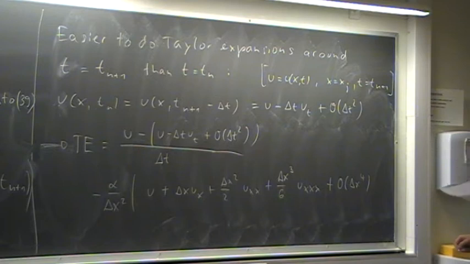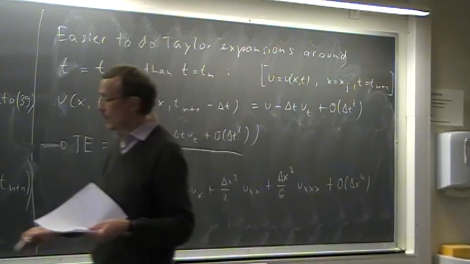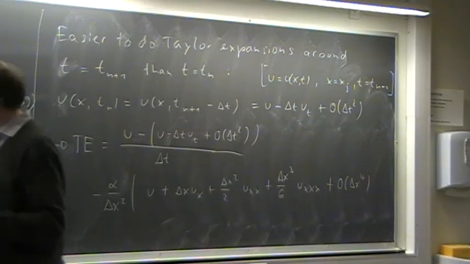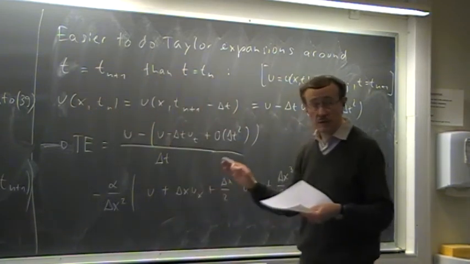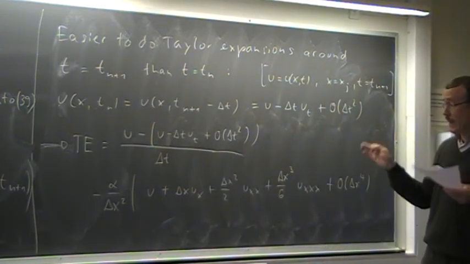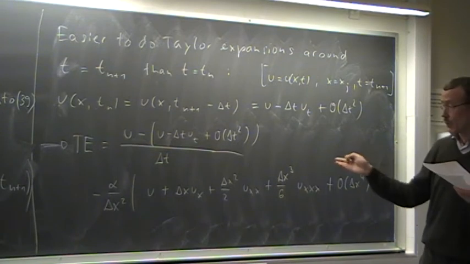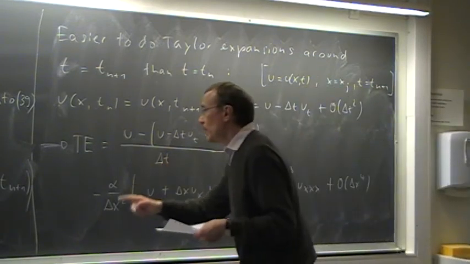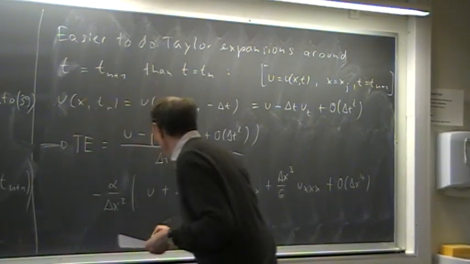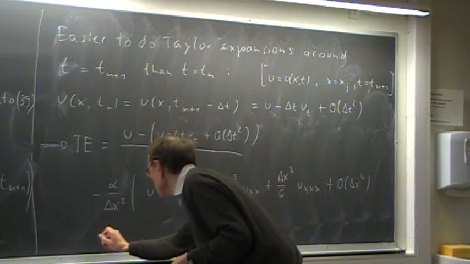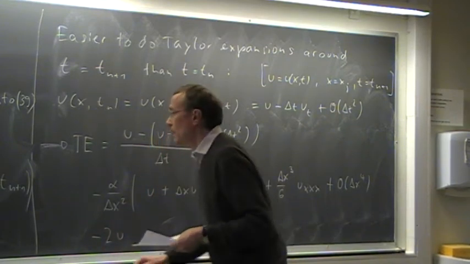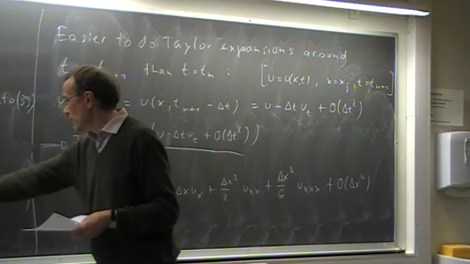That is the u of xj plus 1, tn plus 1, because we are now developing everything around xj, tn plus 1. Then we have the minus 2u, that is just as we have it there. There is no change to that. That is already at the right location.